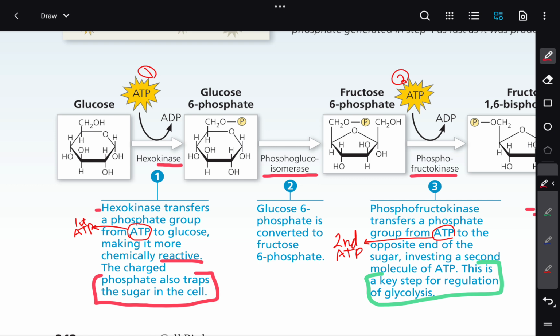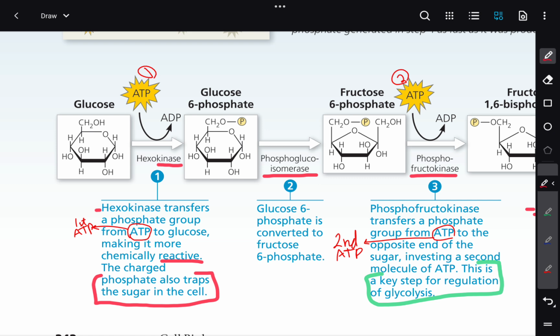What's the point of this step? Why does it do that? Because glucose 6-phosphate is less stable, more reactive, and can be more easily changed, morphed into something different.